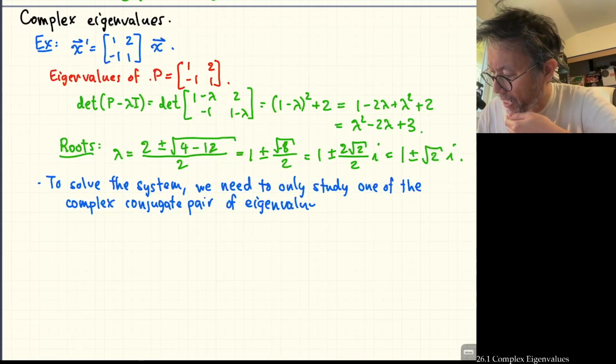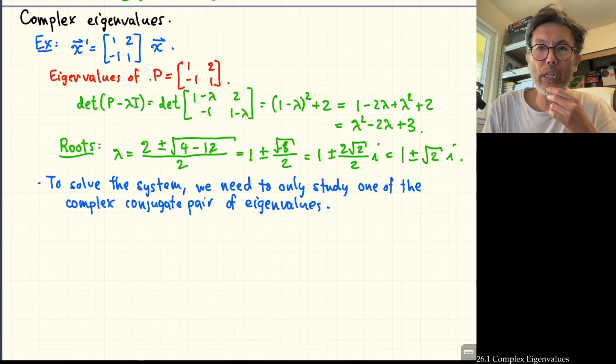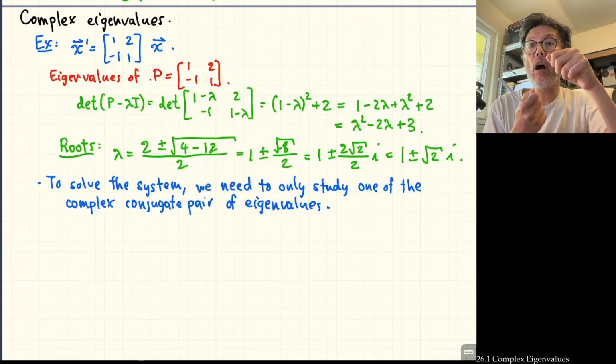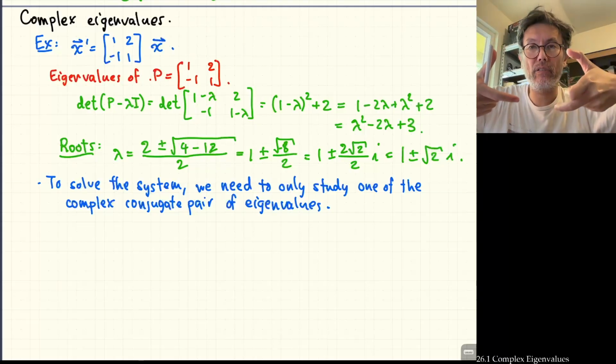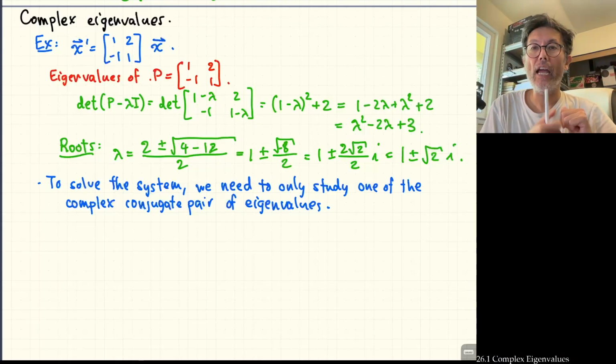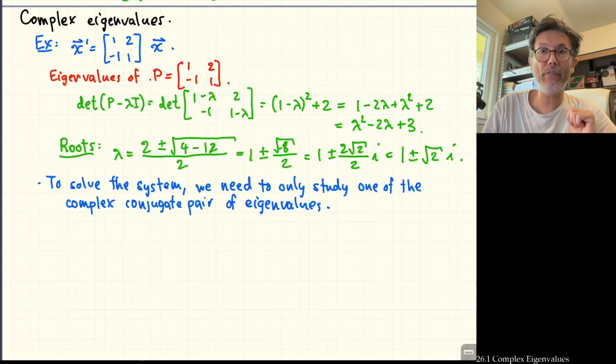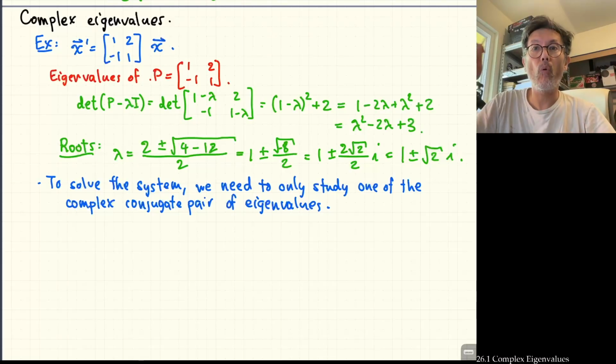So remember, I'm saying that in all the situations that you're going to encounter, your complex eigenvalues, when they arise, they will always arise in pairs, complex conjugate pairs. And I'm giving you a certificate saying you're allowed to ignore one of them.